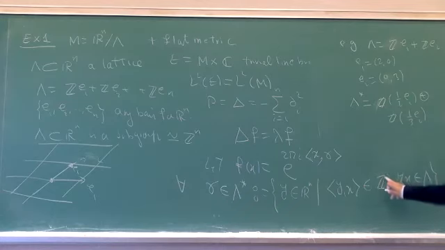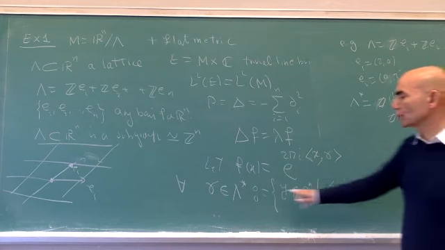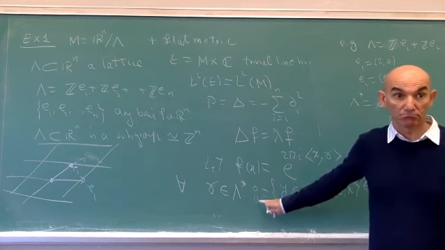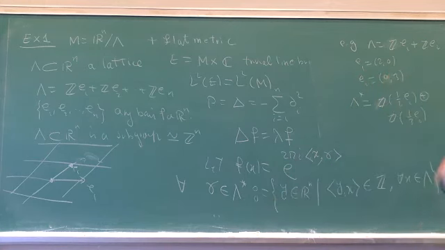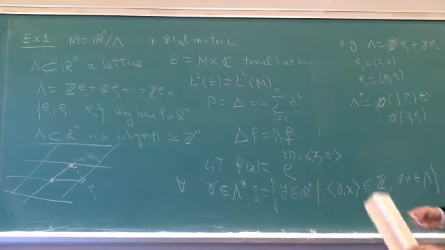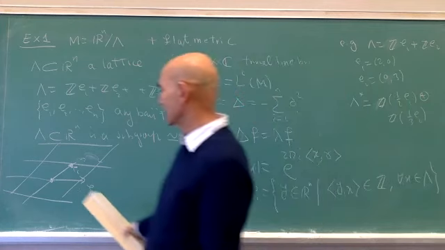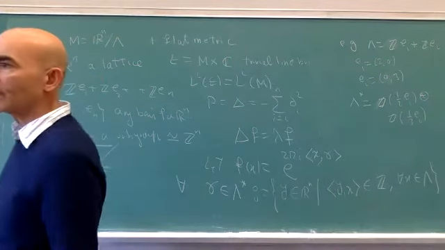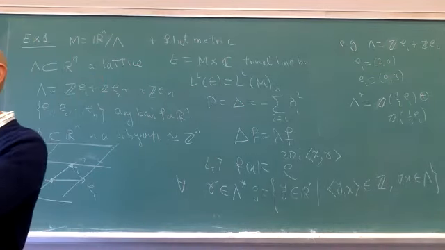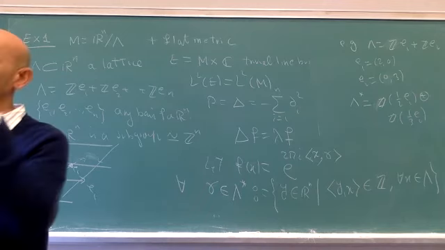But here is a nice exercise: to show that this is actually again a lattice. In general, figuring out the shape of lambda star from the shape of lambda is not so easy, except in this simple case where it's a rectangular or orthogonal lattice. For slanted lattices, guessing the shape of lambda star needs a little bit of work.